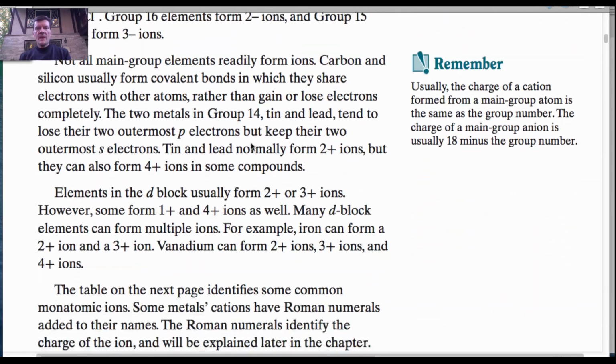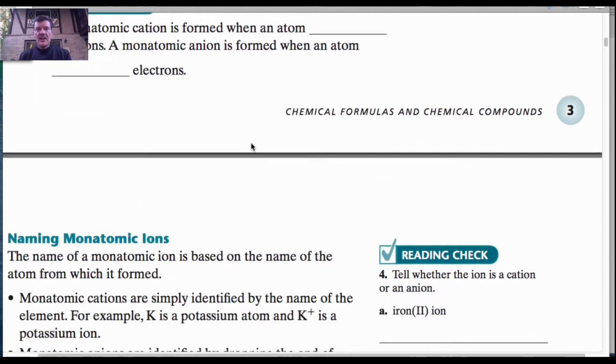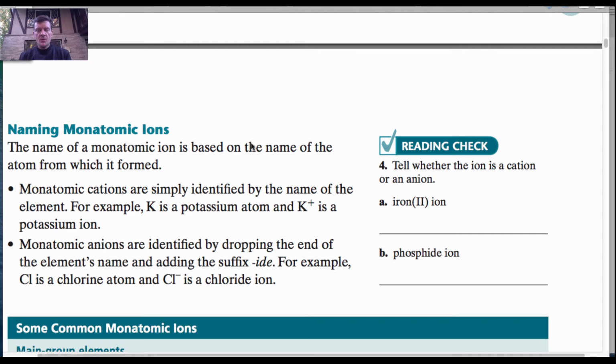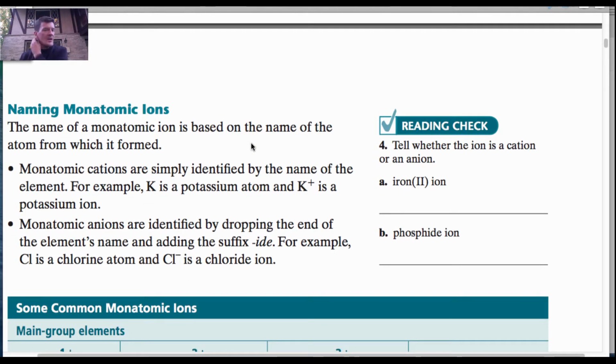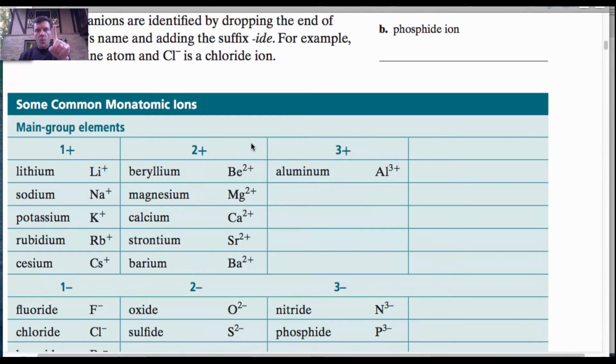Now, when you are trying to determine the charges on these ions, it actually is fairly straightforward. I mentioned this before when we talked about valence electrons. Okay? Anything in group 1 has 1 valence electron. Those metals in group 1 have 1 valence electron, and they like to lose that electron.